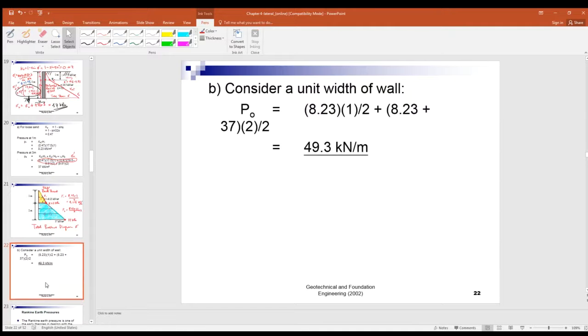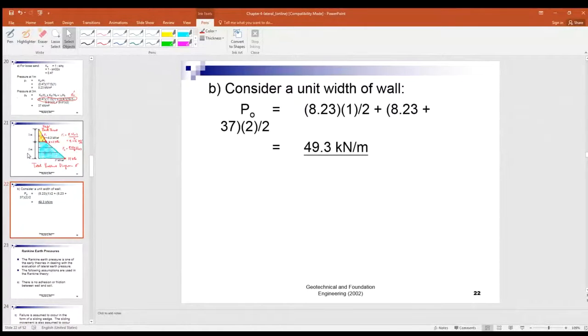So the area, and that is the area of the yellow triangle, and that's the trapezium. Now that will give you a total 49.3 kN.